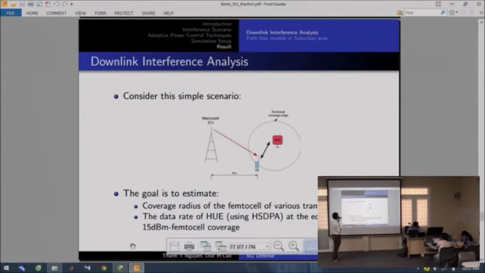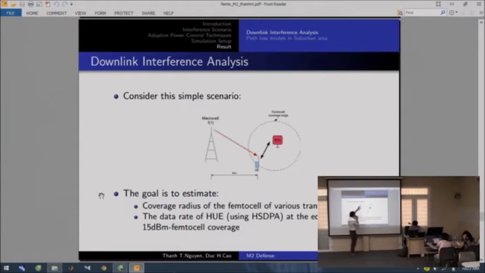So the first simulation in this part is about the downlink interference effect when we add the femtocell to the existing macro cell. For example, this is the macro cell base station, this is the femtocell, and this is the coverage area of the femtocell. The distance between the femtocell user and the macro cell, we assume to be 30 meters in this simulation to see the effect.